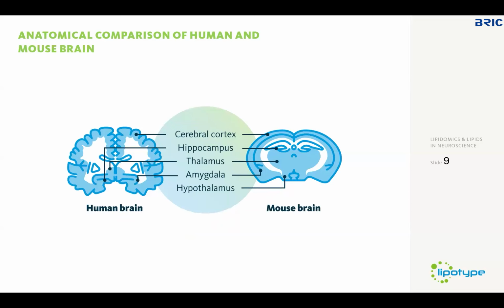Another thing that we think is important to underline is that much neurological and neurolipidomics research is happening on the mouse brain. Anatomically speaking, the mouse brain serves as a powerful animal model to study the human brain and its diseases, be it mental or physical disorders.